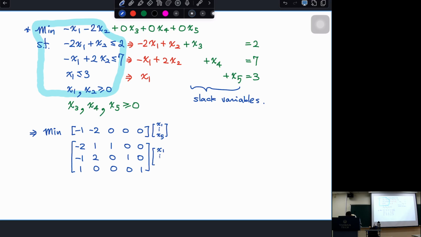I want to write down the whole vector. Two, 7, 3.